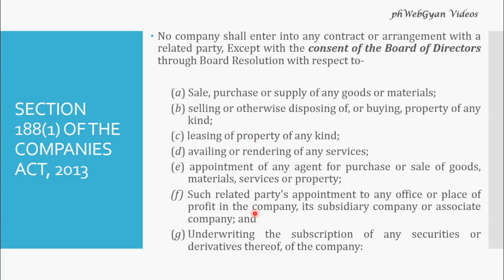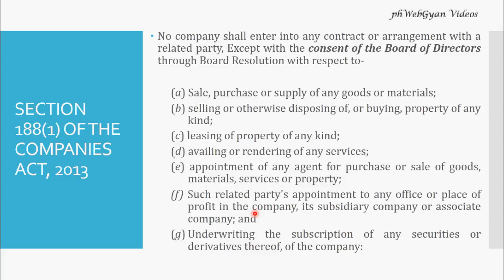But for the first instance, if a person is occupying an office or place of profit in a company and he is a related party of the company, then he cannot occupy such a position before the board's resolution or the board's consent. Clear? So here we are saying that no company can enter these transactions with the related party without obtaining the board resolution. Now let us move forward.